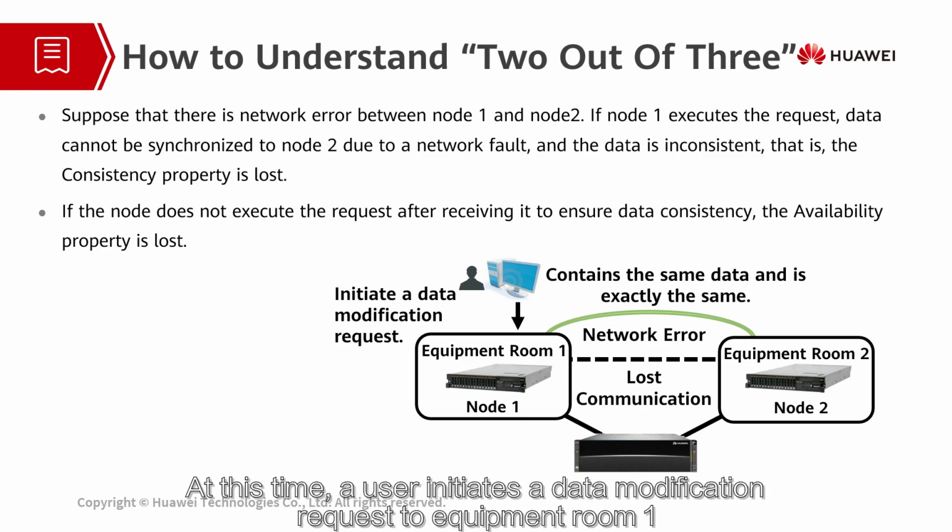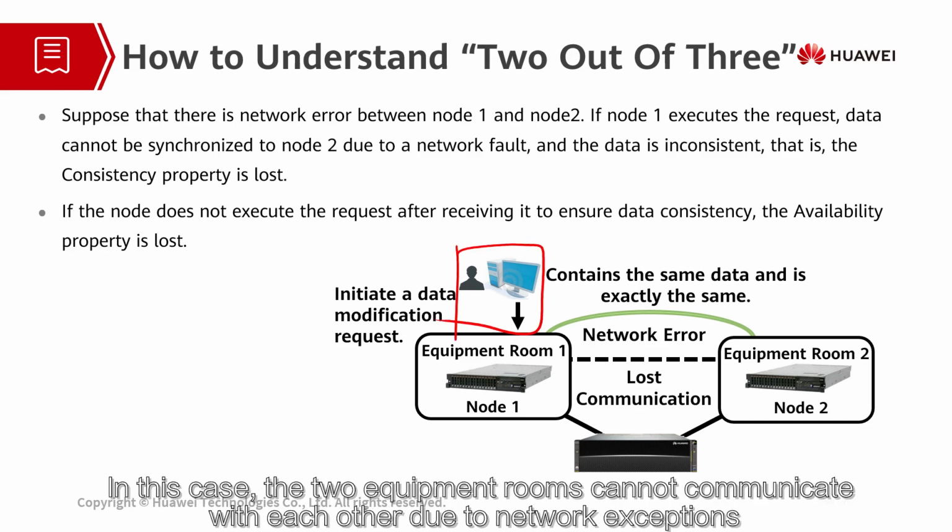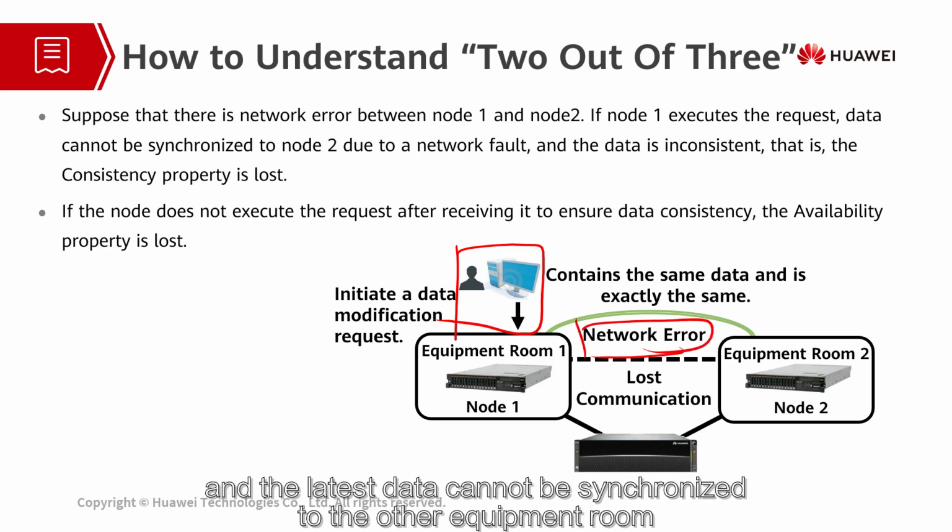At this time, a user initiates a data modification request to equipment room 1. In this case, the two equipment rooms cannot communicate with each other due to a network exception, and the latest data cannot be synchronized to the other equipment room.